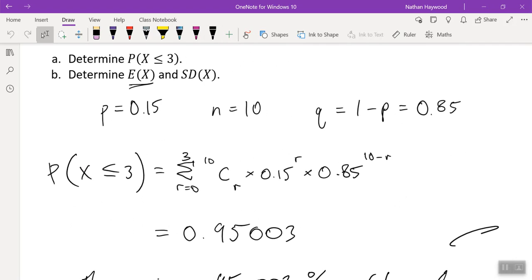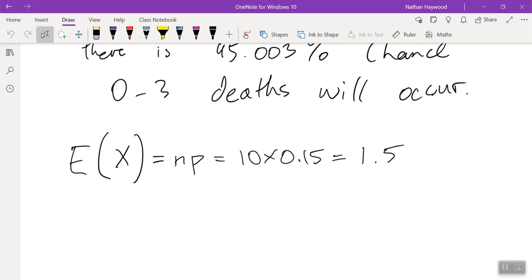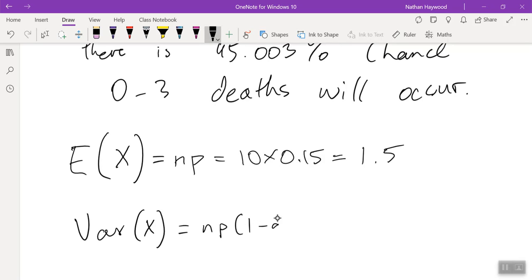What about standard deviation, SD(X)? Standard deviation is the square root of variance. Does anyone remember variance off the top of their head? npq, which is np times 1 minus p.